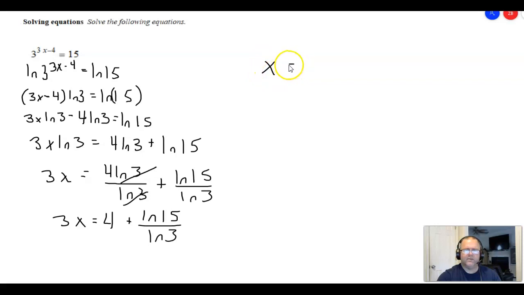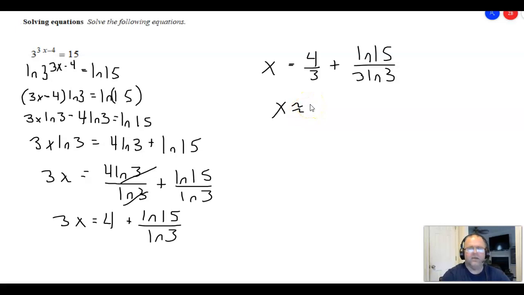So x is equal to 4/3 plus natural log of 15 all over 3 natural log of 3. And if I put that into my calculator and round it to 3 decimal places, I'm going to get x is approximately equal to 2.155.